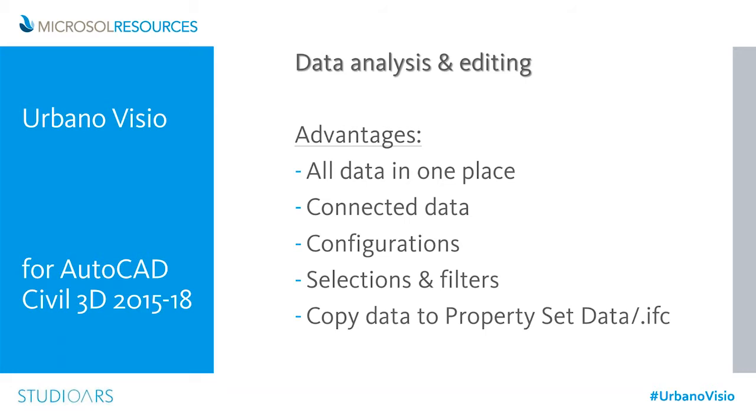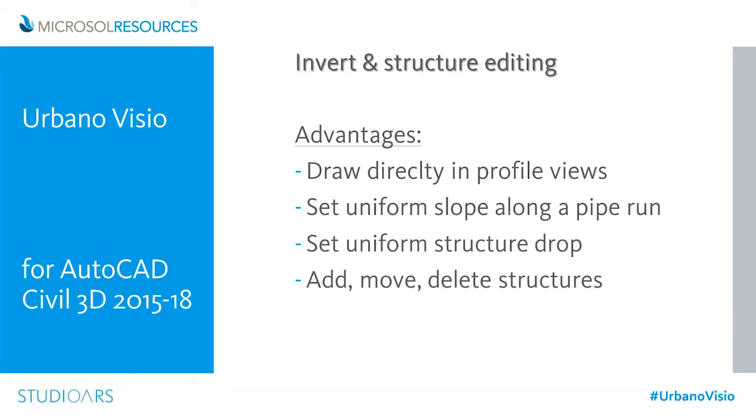And the interesting thing about property set data is that they travel, so to speak, with the IFC file. So when you make an export to IFC, this data can travel with the geometry.